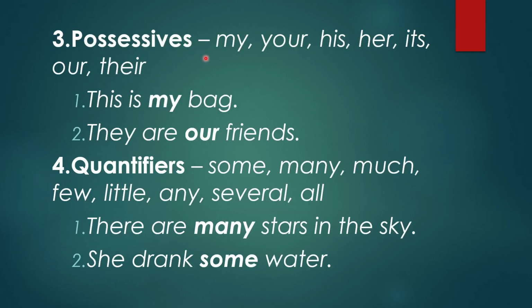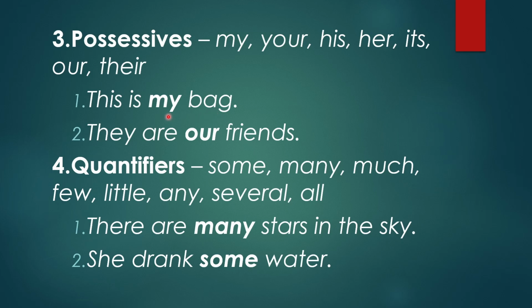Next type of determiners is possessives. The words my, your, his, her, its, our, their are possessive determiners because these words tell the ownership of things, like this is my bag. Whose bag is this?